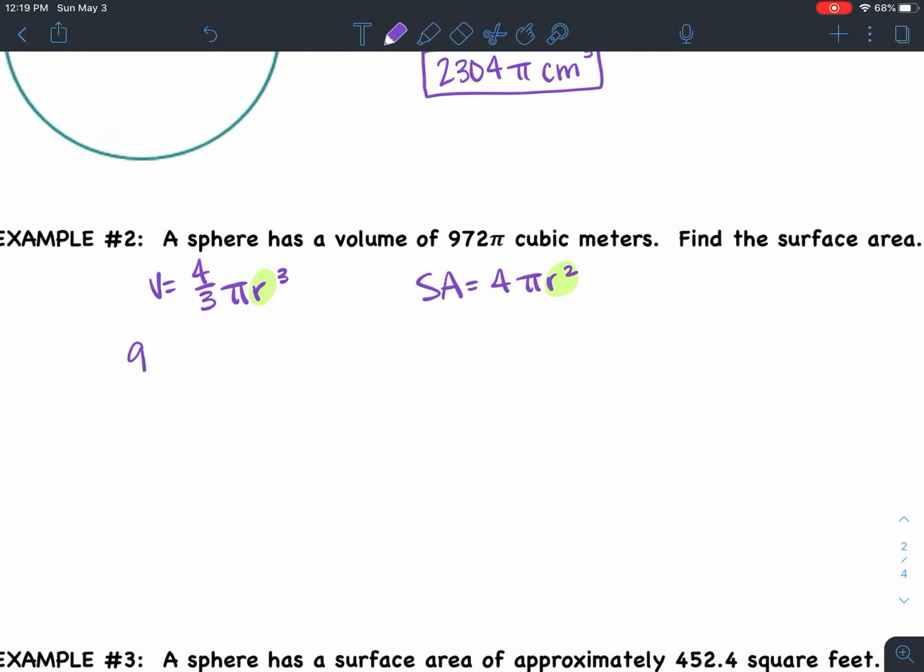So if we start over with volume, it says we have 972 pi is equal to 4/3 pi r cubed. I'm going to go ahead and cancel out the pi's since we have them on both sides. We're going to divide by it anyway. Remember that whenever we move over our fraction, we multiply by the reciprocal.